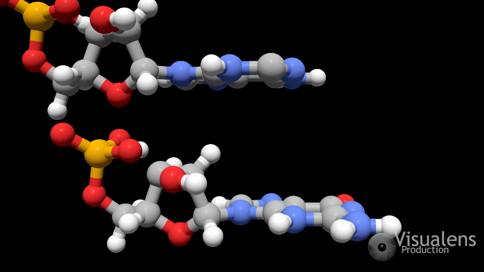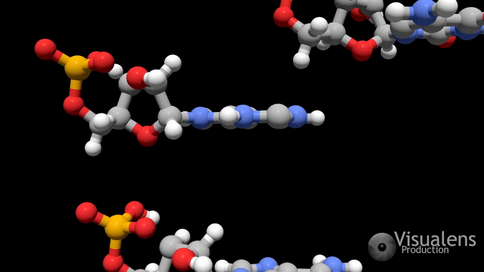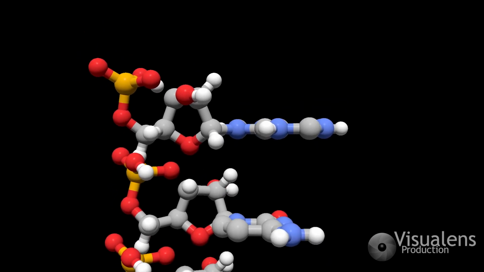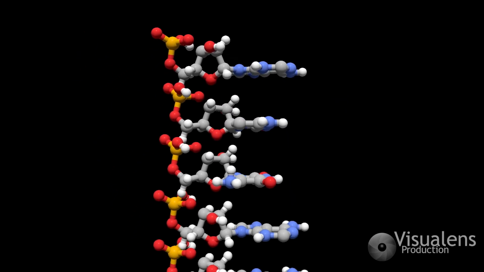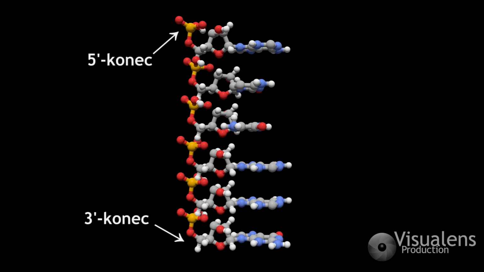Nucleotides bind together in the polynucleotide chain by phosphodiester bonds. Both ends of the polynucleotide fiber determine its polarity. The chain transcription and synthesis always proceeds from the 5-end to the 3-end.